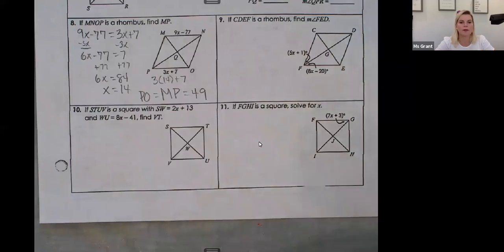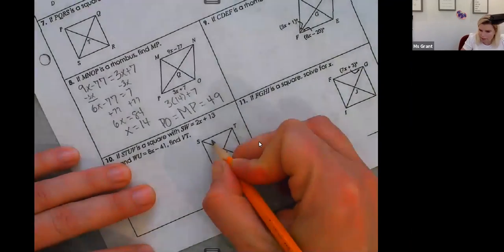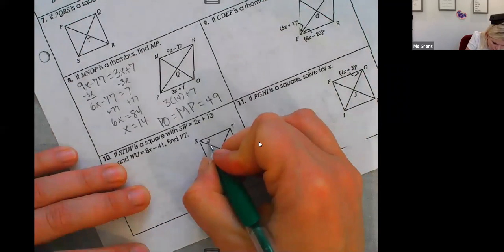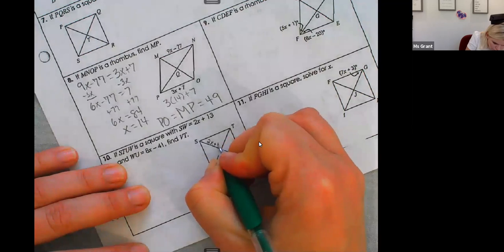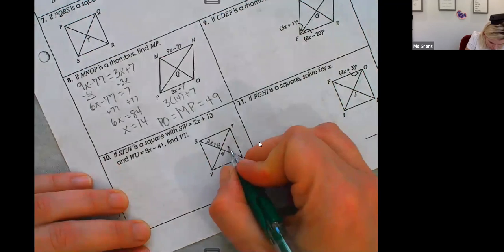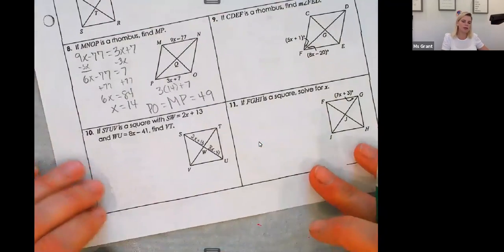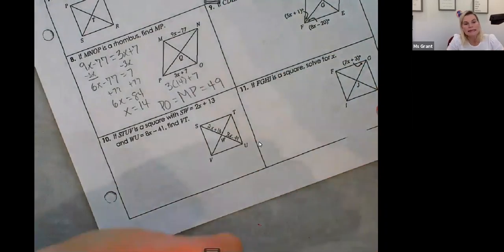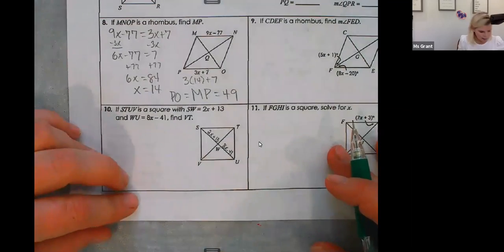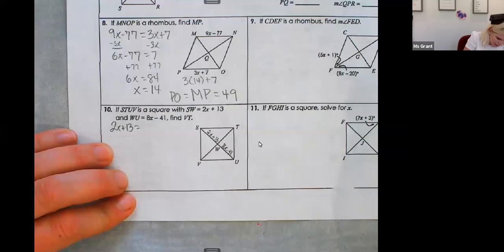STUV is a square with SW 2x plus 13. I need my mechanical pencil. And WU 8x minus 41. Okay. They are equal because diagonals are bisected. So I'm going to set them equal to each other. 2x plus 13 equals 8x minus 41.